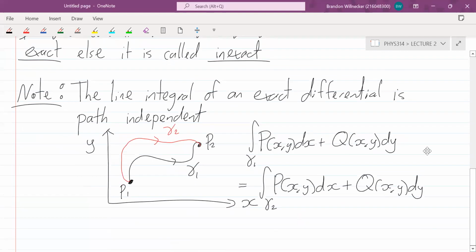So it doesn't matter which path you take, you're going to get the same value. It only depends on the endpoints.